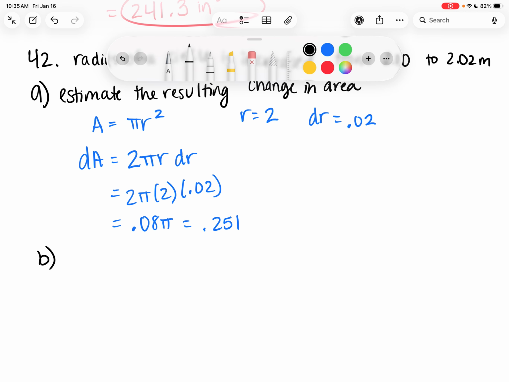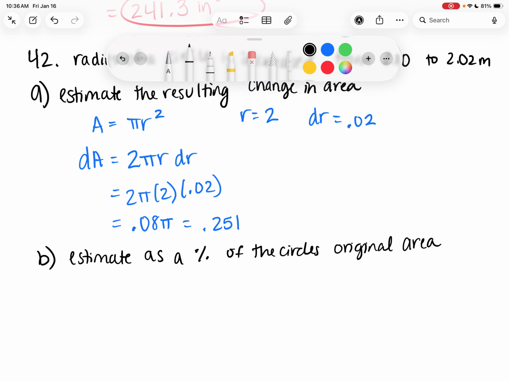So then part B says estimate as a percentage of the circle's original area. No derivative here other than that we're using the value that we just found from the previous derivative. So to find this, we're going to have dA over A, the original area, times 100 to give us our percent. I'm going to use the 0.08 pi because the original formula has a pi in it, so they'll cancel.